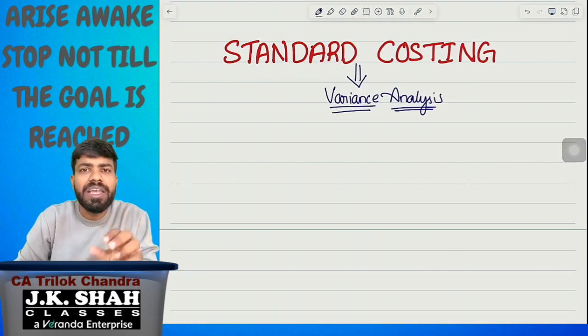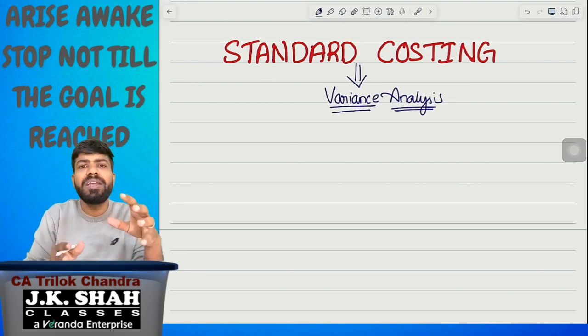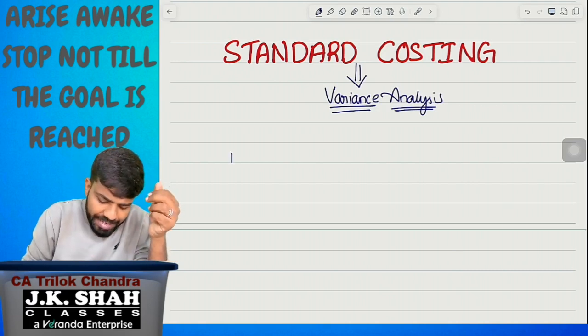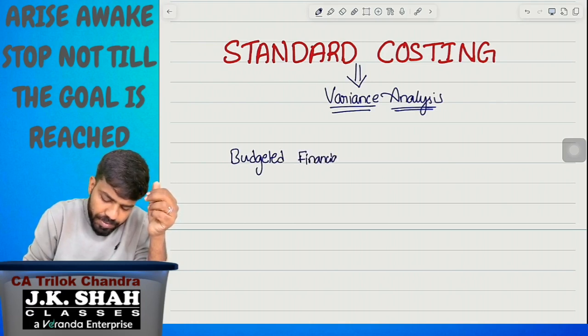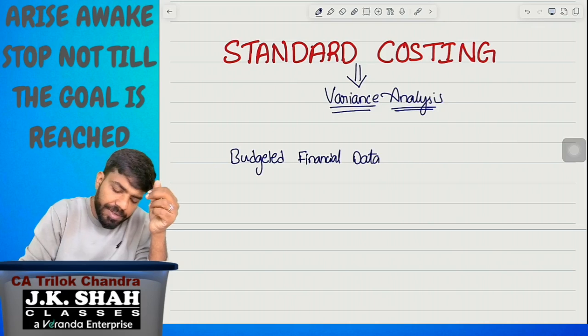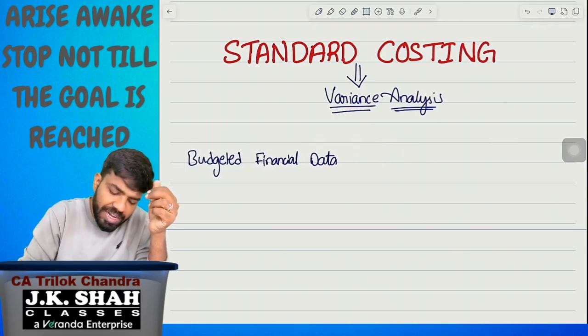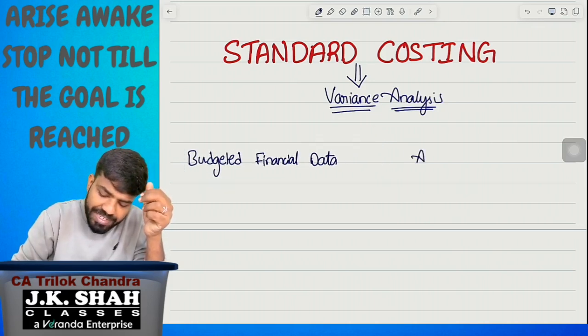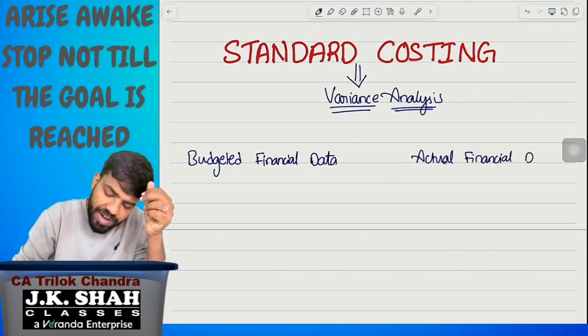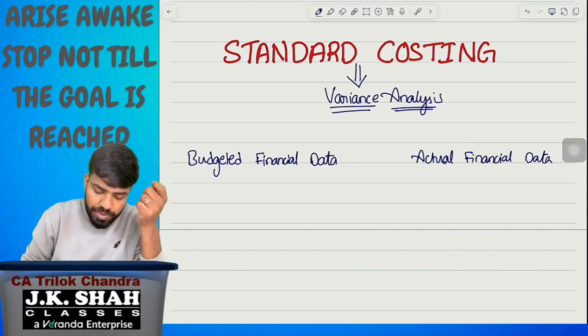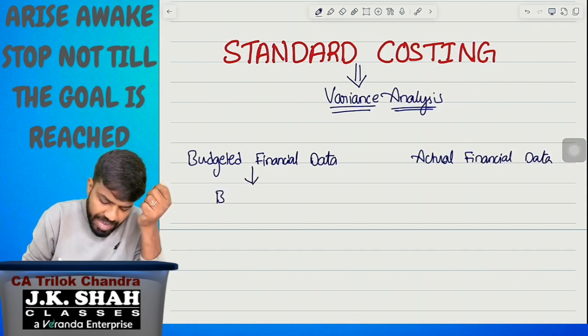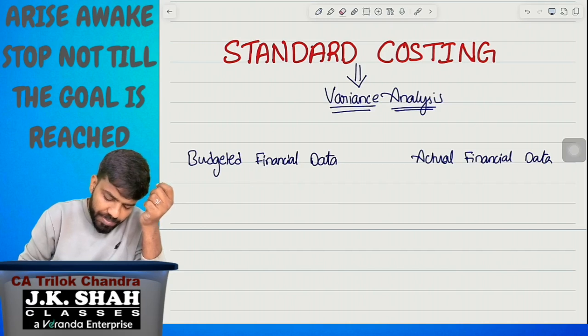We all know that every manufacturing company, at the beginning of the financial year, is going to prepare the budgeted data, budgeted financial data. At the end of the year, they'll get to know the actual financial data. This budgeted financial data will have two pieces of information.